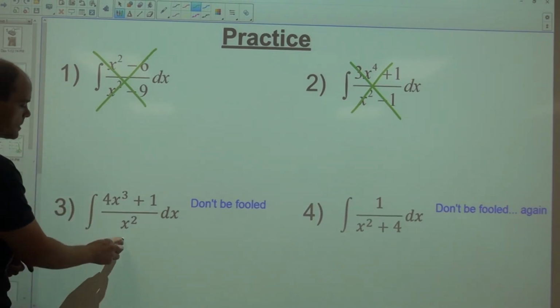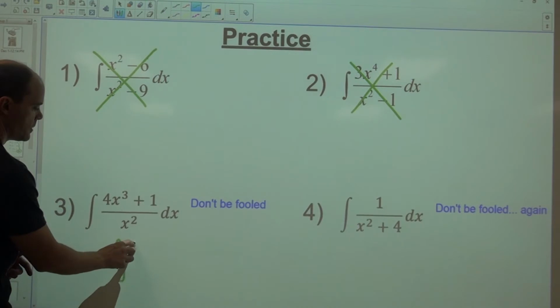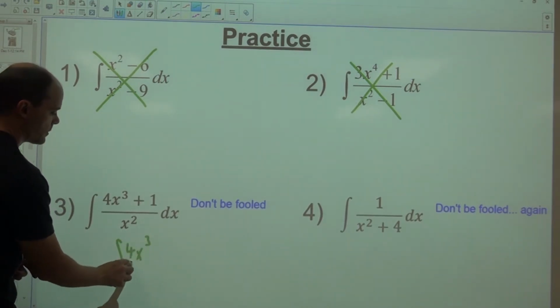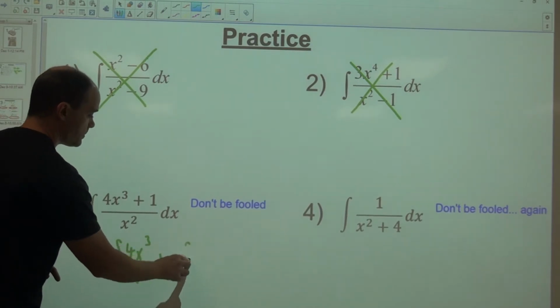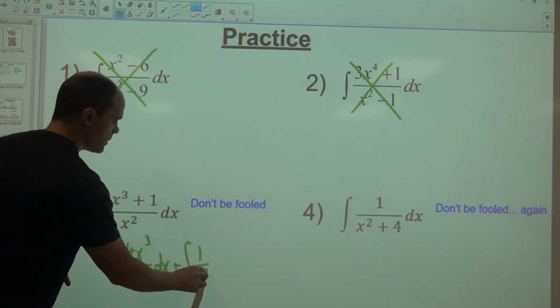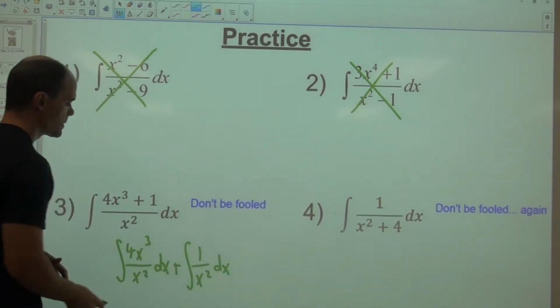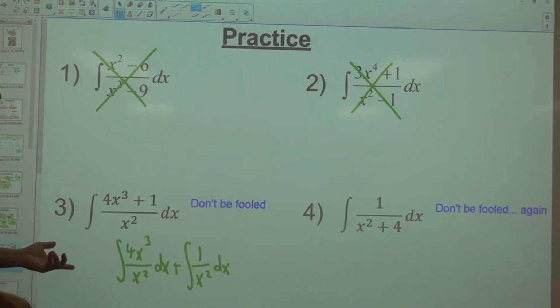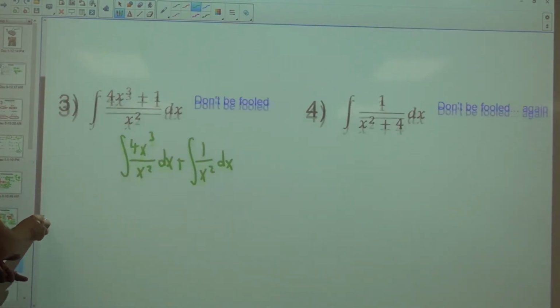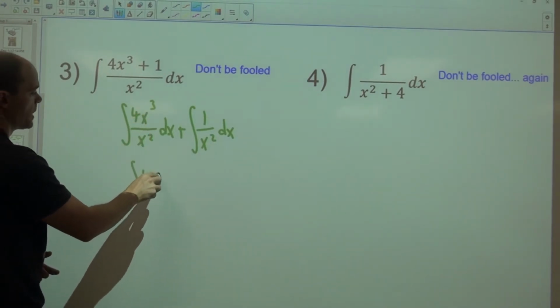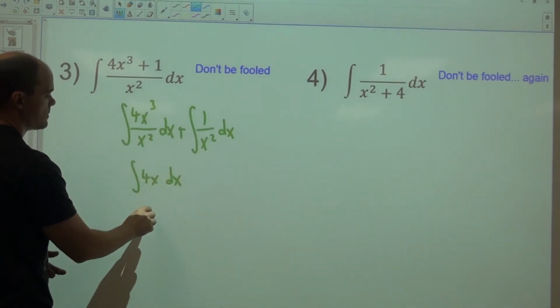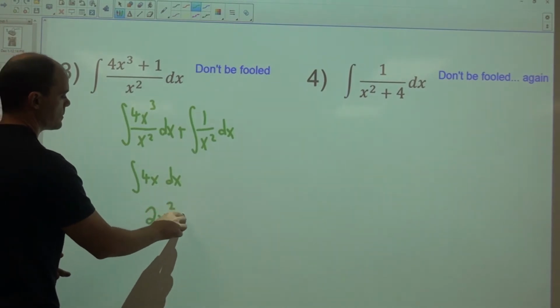But notice you can just split this apart, and you can do 4x to the third over x squared plus 1 over x squared dx. And now these are both power rules. This just simplifies really nicely. The x's cancel, and you're left with 4x dx, which is just 2x squared.